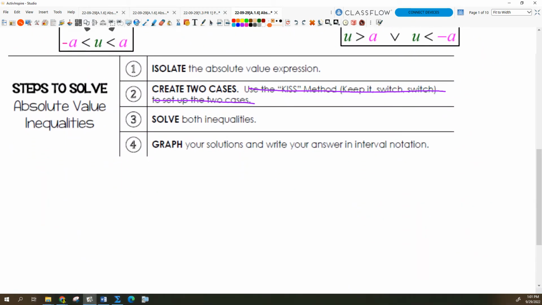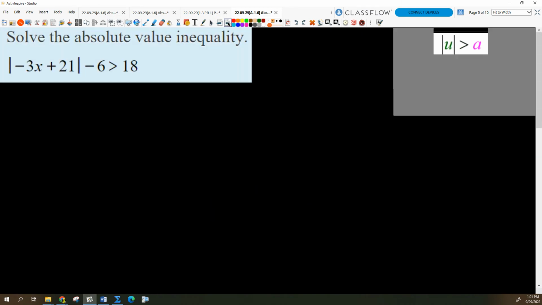Okay, isolate the absolute value. So what's the one step I need to isolate the absolute value then? I got to get it by itself on one side of the inequality. Here's the absolute value. What do I have to do to get that by itself?